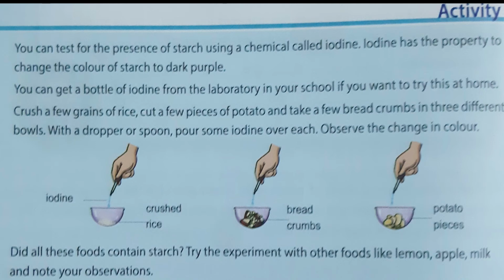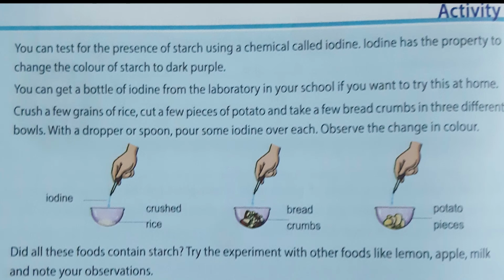Take a chemical called iodine, and take crushed rice, breadcrumbs, and potato pieces in three different bowls and add a few drops of iodine into these three substances with a dropper or with a spoon.